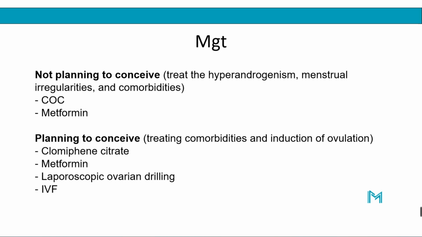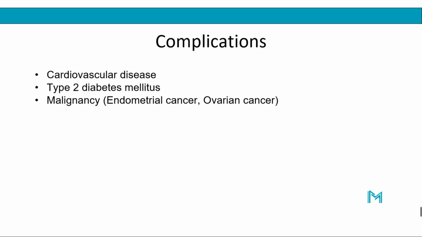Complications of PCOS. We've mentioned that there is an increased risk of developing metabolic syndrome. And metabolic syndrome, we said, is characterized by obesity, hypercholesterolemia, and the insulin resistance that we've talked about, and all of that increases your risk of developing cardiovascular diseases. And you have type 2 diabetes as well as one of the complications. You have an increased risk of developing malignancy, especially endometrial cancers, because of the increased estrogen.